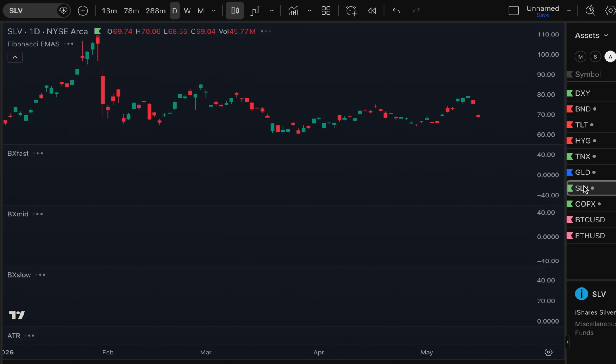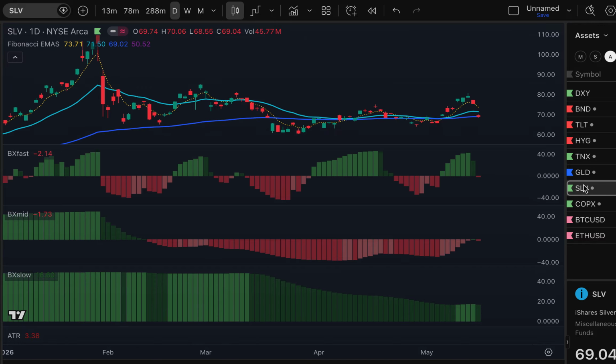I also like to look at silver. It moves somewhat similarly to gold, but not always step by step. But it also had a bad day on Friday, and notice it turned green on the mid on Thursday, and then on Friday it was down about 9%.